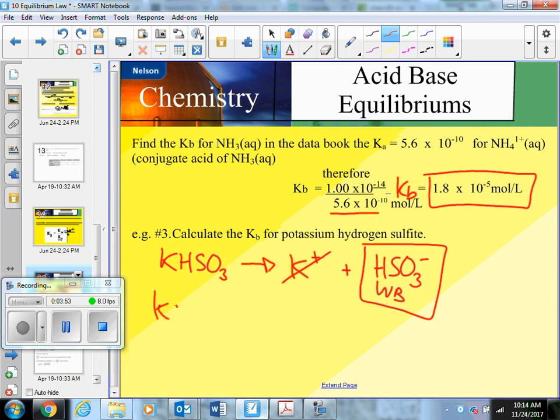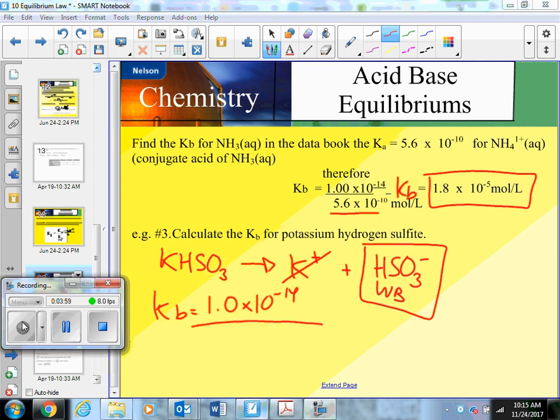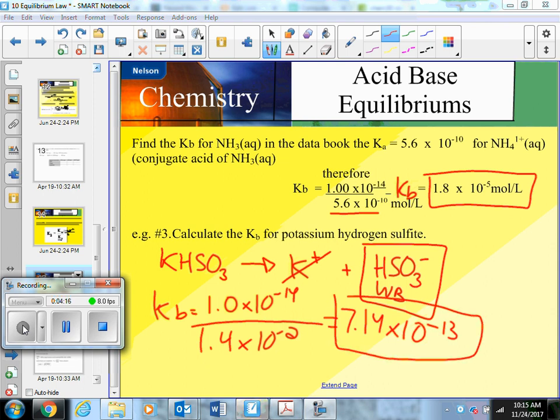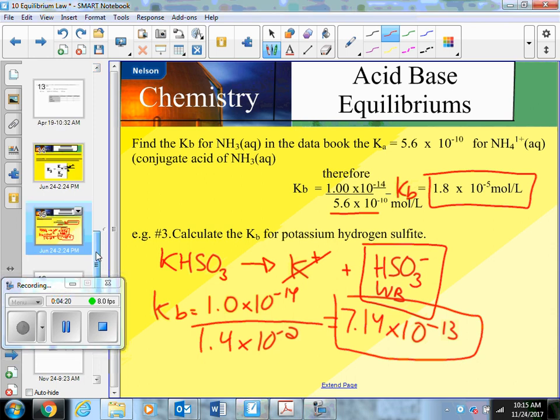So Kb equals 1.0 times 10 to the minus 14 divided by 1.4 times 10 to the minus 2, 7.14 times 10 to the minus 13. So this is the value that we're going to substitute in if you were setting up an expression for Kb.